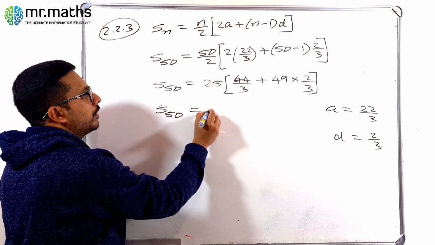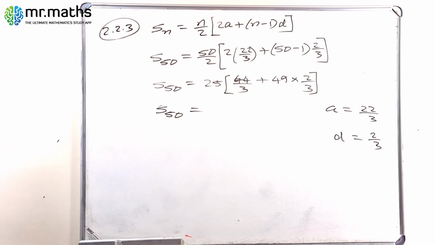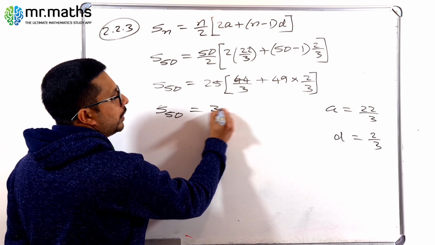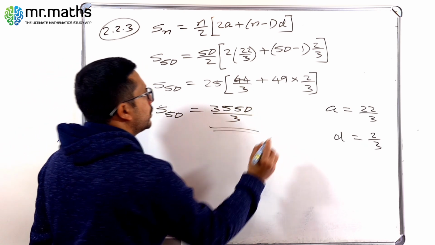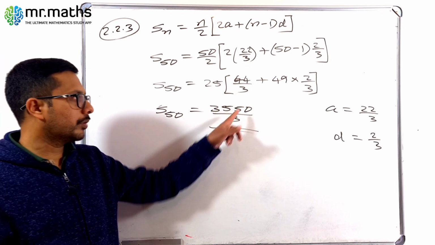You will get 3550 over 3. So the sum of the first 50 terms of the sequence is 3550 over 3.